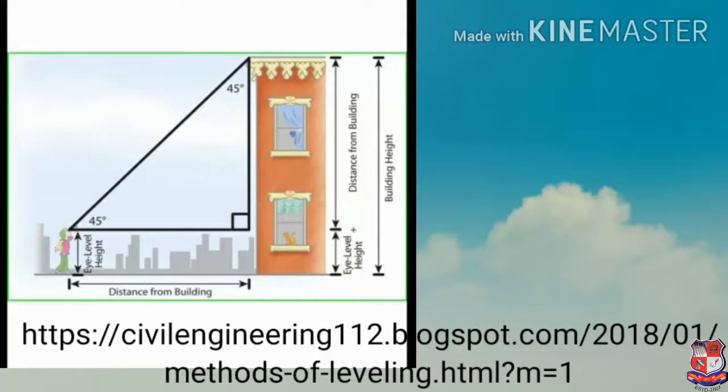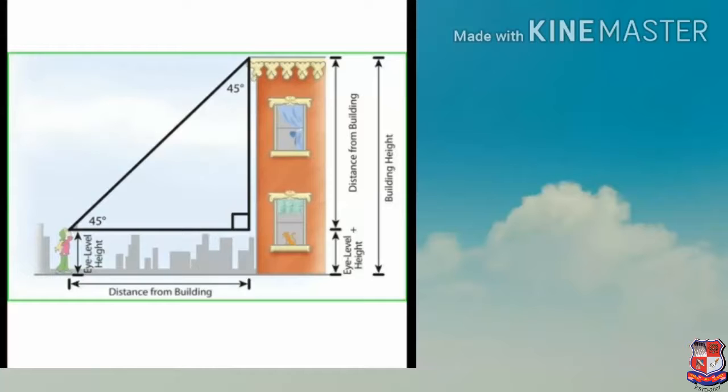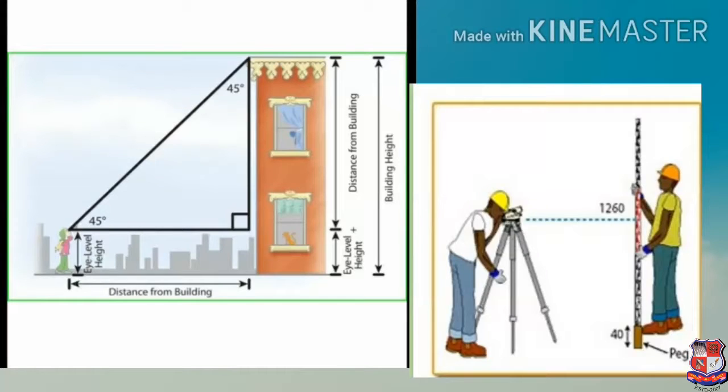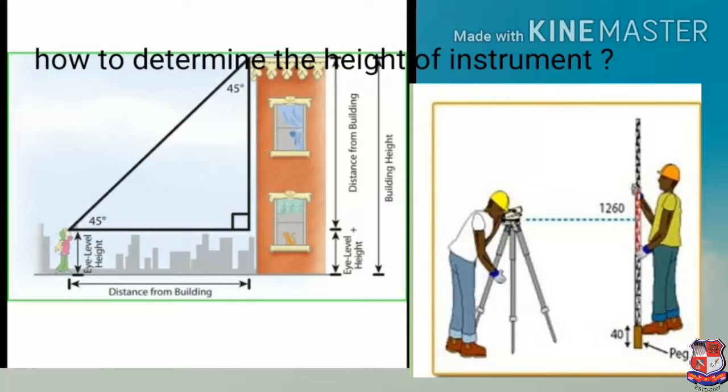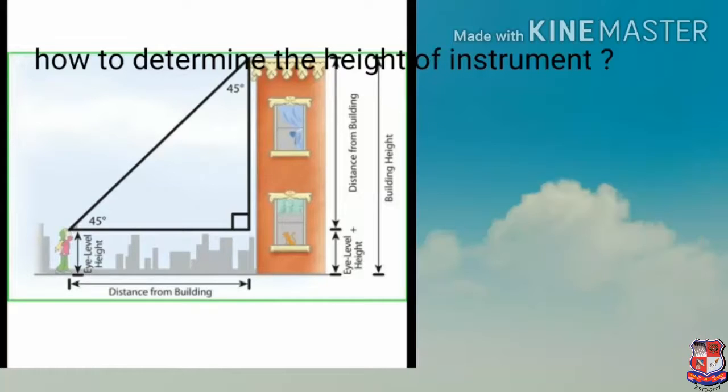But in actual conditions, the instrument is a little above the base of the building. So in this situation, the height which we get from the equation is from the height of the instrument. So we need to first determine the height of the instrument, then we can determine the height of the building by applying the equation.